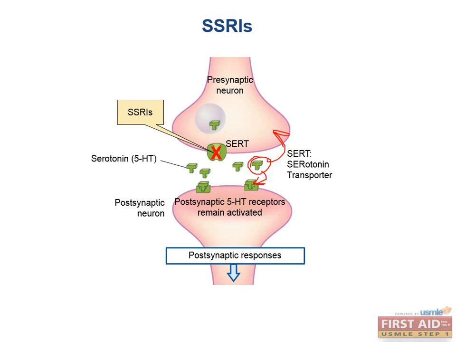Now, to increase the concentration of serotonin in the cleft, medications like SSRIs block serotonin reuptake. So you see here SSRIs block that uptake by the serotonin transporter, SERT. And this causes increased concentration of serotonin in the synaptic cleft, and the postsynaptic neuron remains activated.